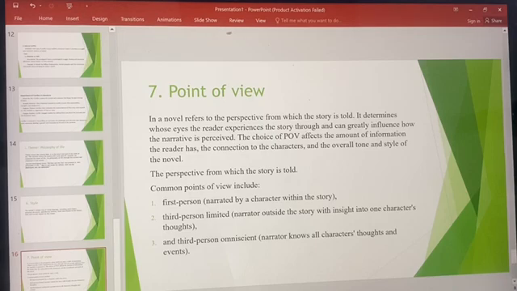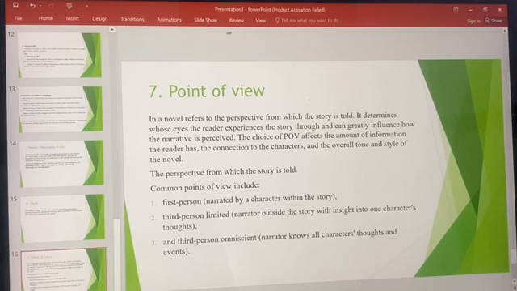The perspective from which the story is told. Common points of view include first person, narrated by a character within the story.